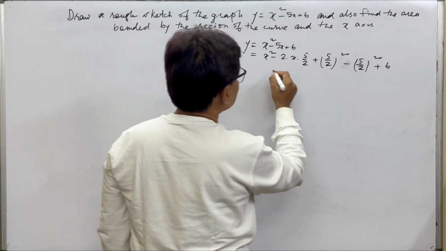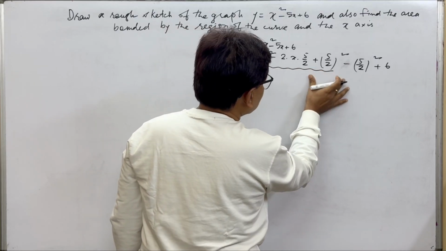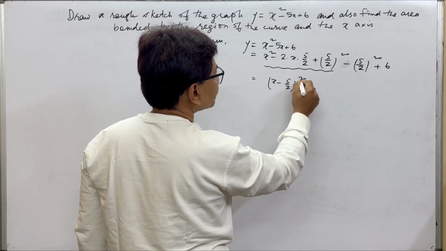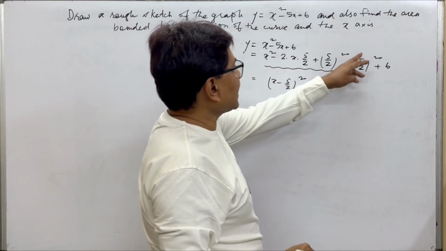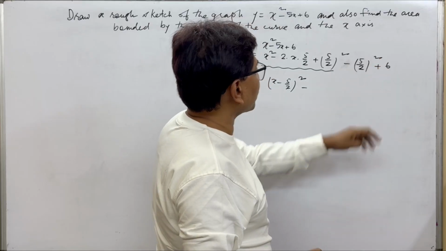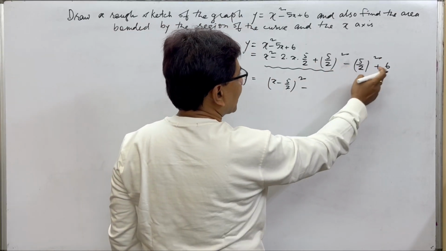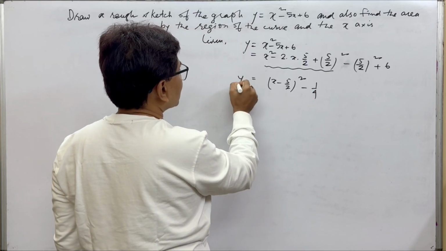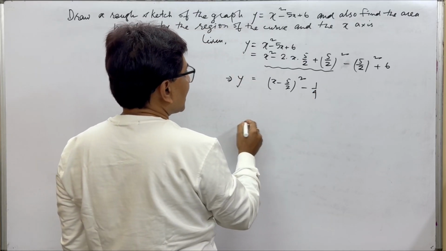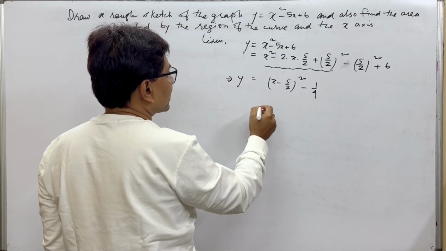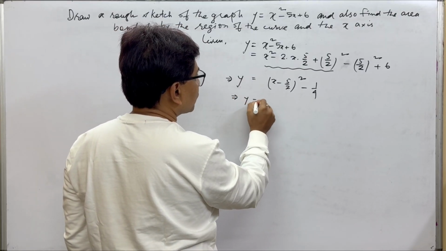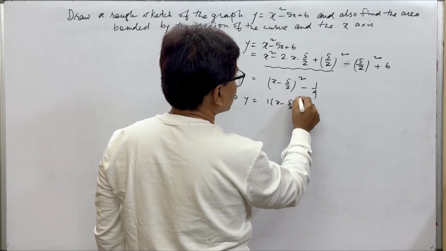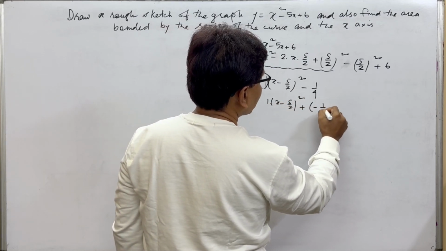So easily this part is the perfect square format, that is x minus 5 by 2 whole square and minus 25 by 4 plus 6, that is minus 25 plus 24, that is minus 1 by 4. So y equals to 1 dot x minus 5 by 2 whole square plus minus 1 by 4.